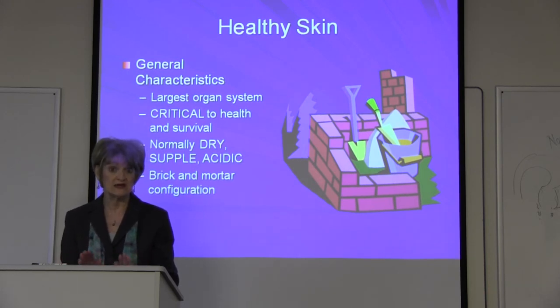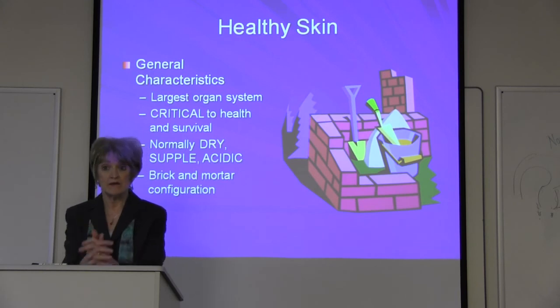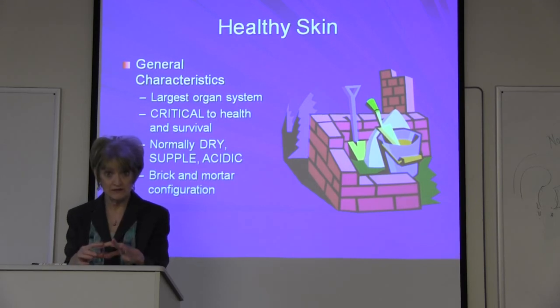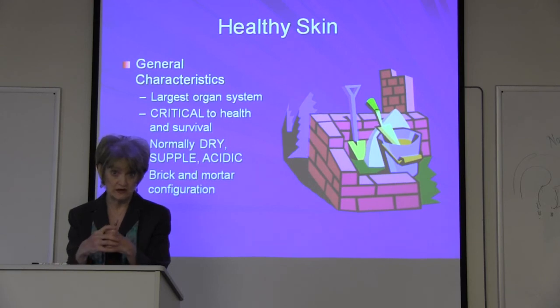Equally important to routinely replace skin oils so that you have an intact barrier. And when we talk about the barrier function, what we mean is that you have cells that are normally hydrated, because cells that are dehydrated shrink, cells that are overhydrated swell.